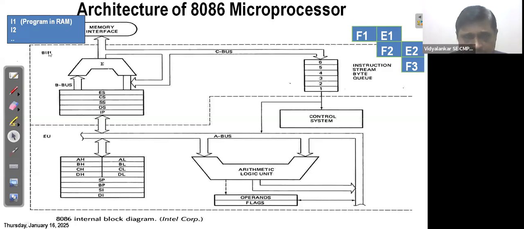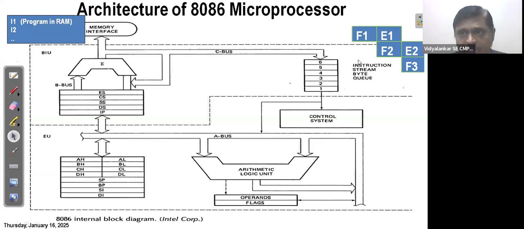My 8086 BIU will go to memory, follow my mouse pointer. Of course, that memory is RAM. It will read instruction 1 and store that instruction in a facility called the instruction queue.